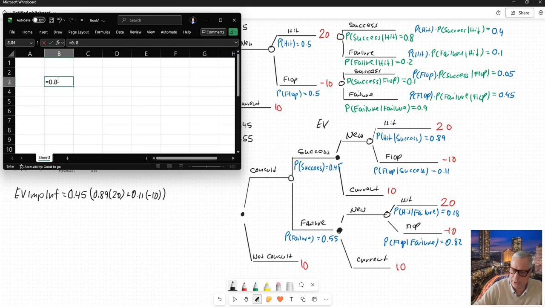Equals 0.89 times 20 plus 0.11 times negative 10.